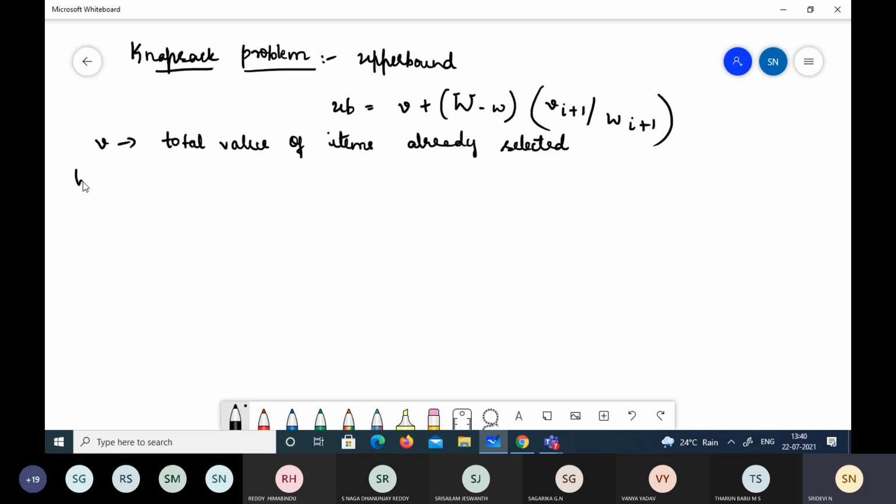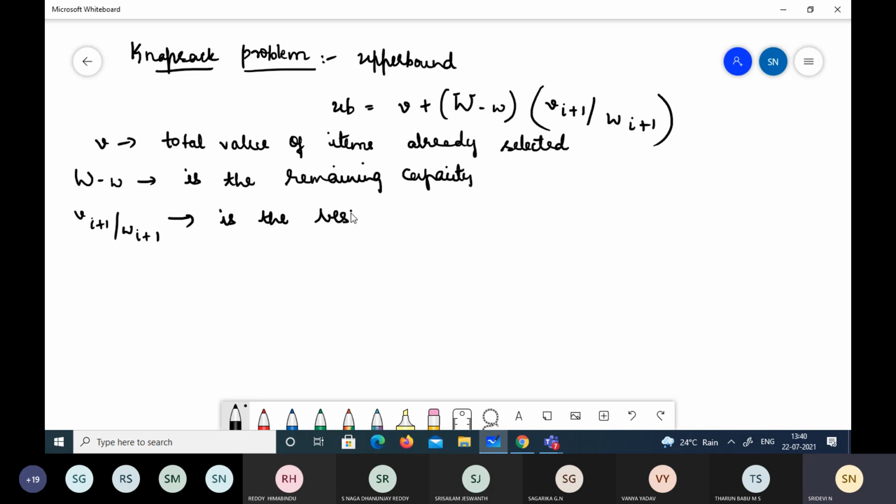Capital W minus small w is the remaining capacity. And v(i+1) by w(i+1) is the best per unit payoff among the remaining items, not the one which is already selected.